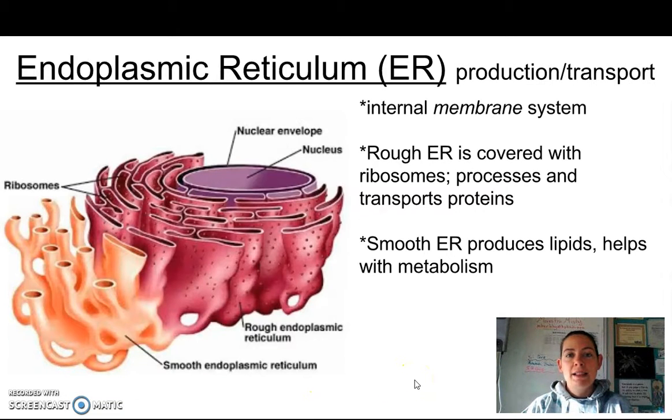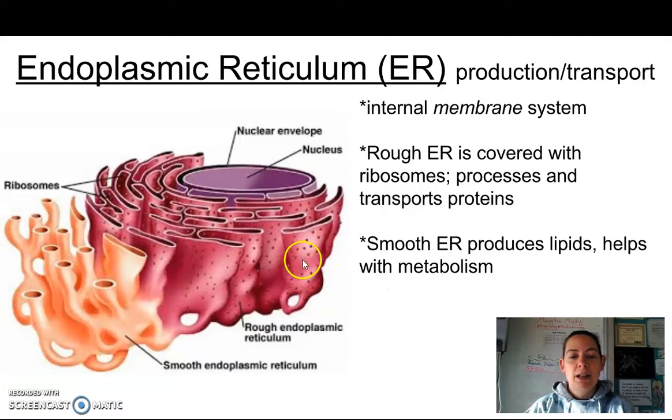Here's our endoplasmic reticulum, which is a fun word to say, or you can also just abbreviate it and say ER. So this is like a big factory for producing and transporting a couple different things. First, in the rough ER, that's this part with all the polka dots. These polka dots are actually ribosomes.